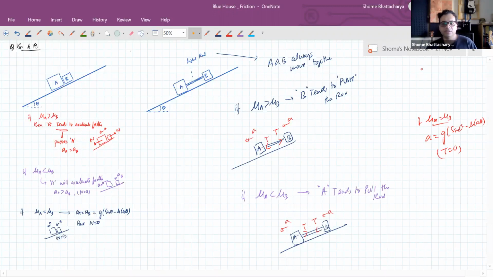I mean, day before yesterday, and whenever we had the last physics class of Blue House, the fifth session of friction, we had discussed about this. Okay, so that's done.